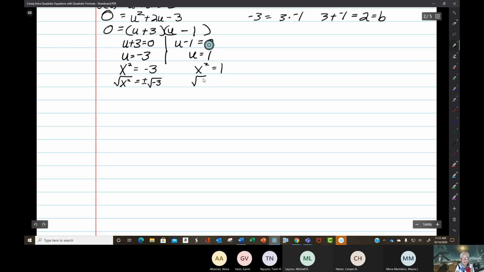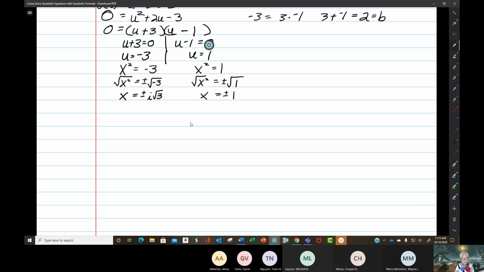And the square root of x squared equals plus or minus the square root of 1. So x equals plus or minus, are you ready? I times the square root of 3. Well, over here, these are going to be nice. x equals plus or minus 1, positive or -1.